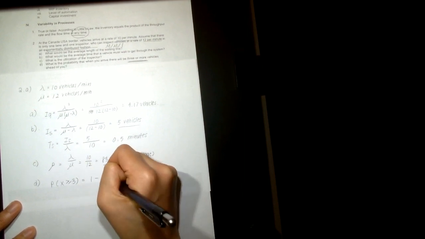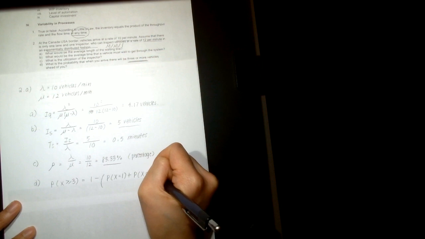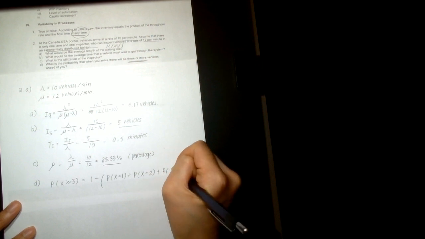Say x is equal to the number of cars in the system currently. The probability that there are 3 or more vehicles ahead of you would be equal to 1 minus the probability that there's 1 vehicle ahead of you, plus the probability that there are 2 vehicles ahead of you, plus the probability that there are no vehicles ahead of you.